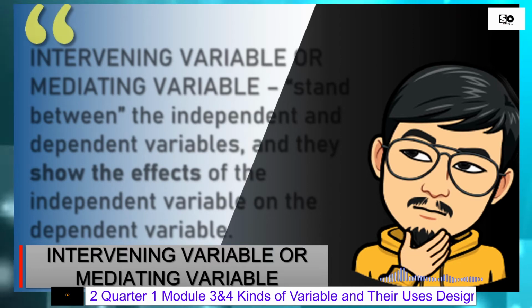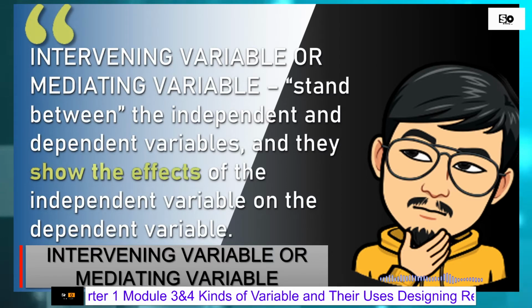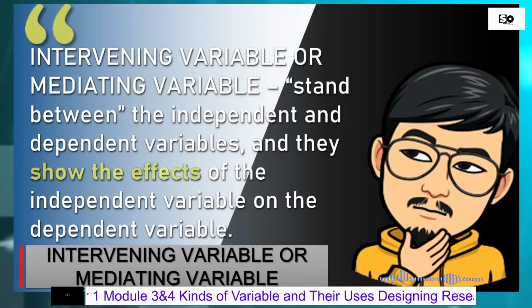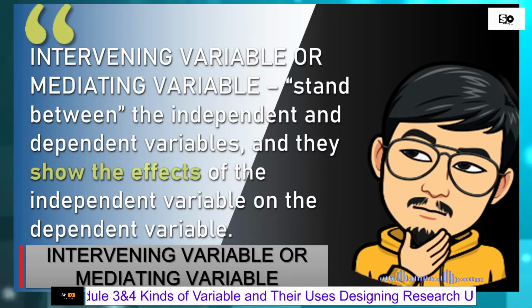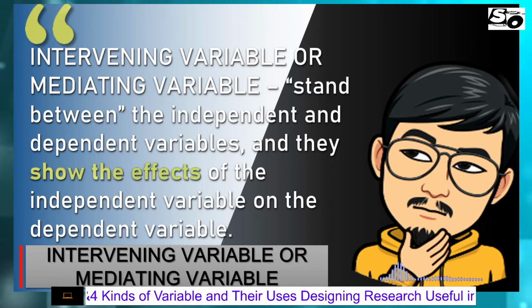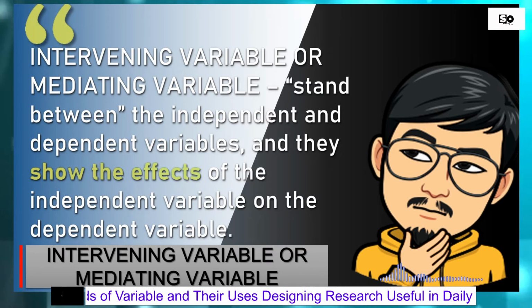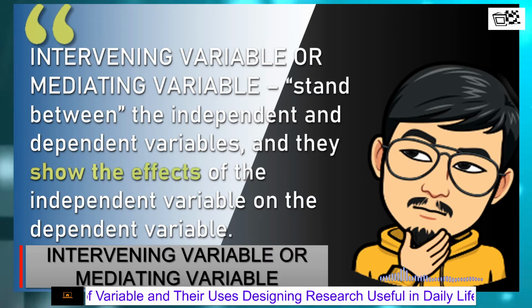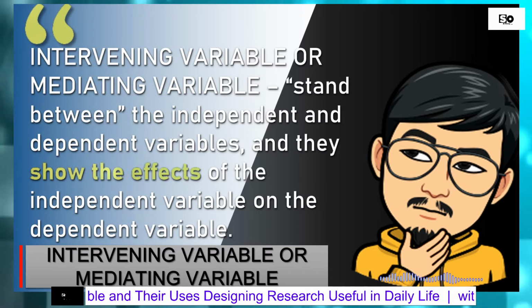Intervening variable or mediating variable stand between the independent and the dependent variables, and they show the effects of the independent variable on the dependent variable. Ito ang nagpapakita ng epekto ng independent variables sa ating dependent variables.